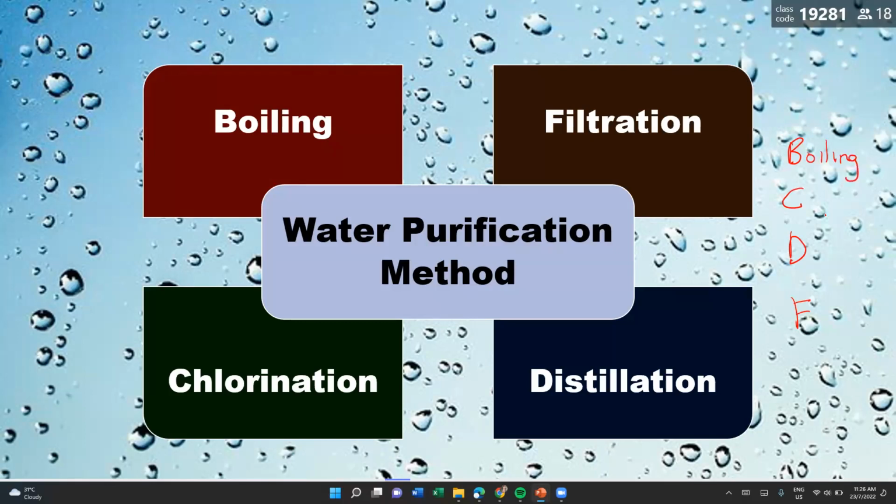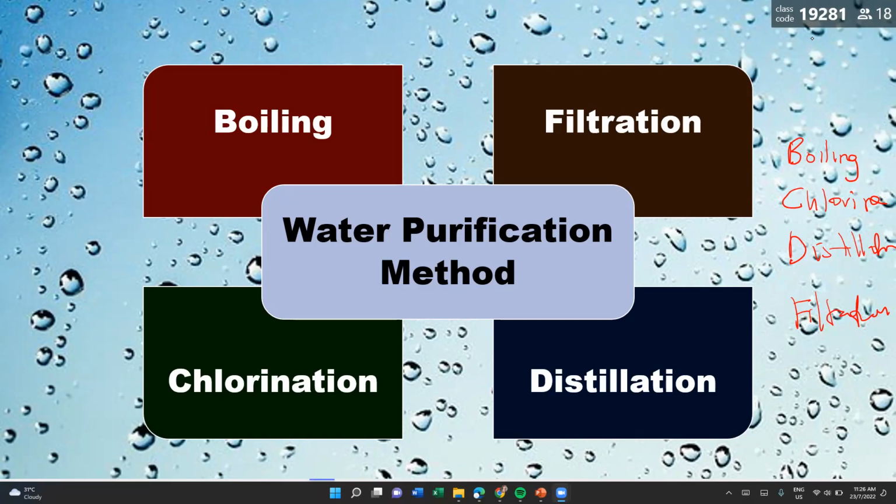I always told y'all, I like to teach you ways to memorize. I was not singing for y'all just now anyway. Chlorination, distillation, and filtration. Forget the vowels. There you go: boiling, chlorination, distillation, and filtration.